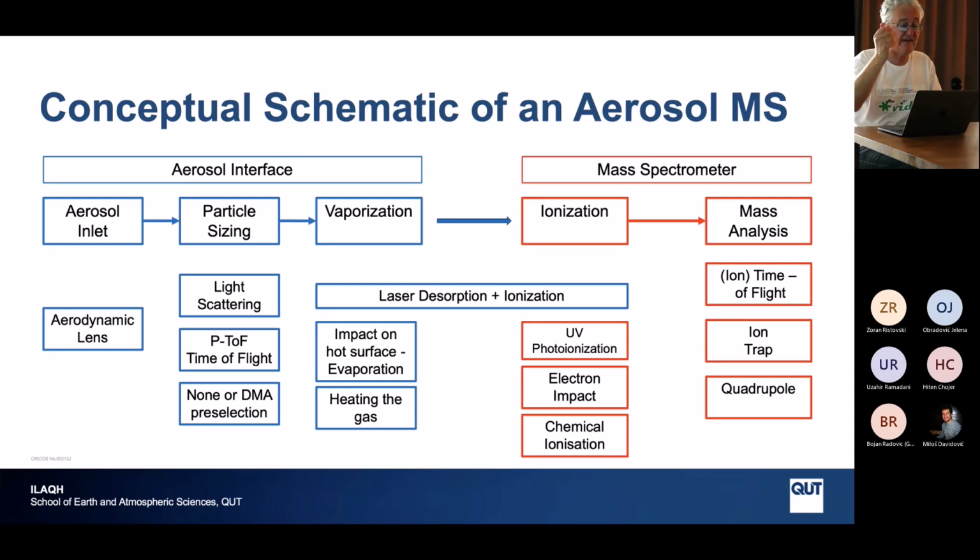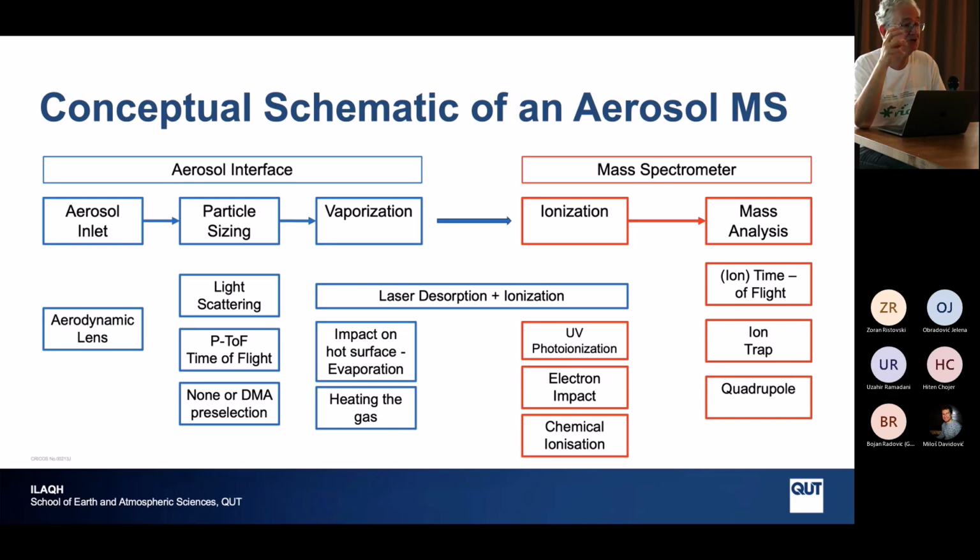Once they're in the gas phase, you have to ionize. Particles have to be ionized in order for the mass spectrometer to detect them. Again, you can do it in different ways. You can use UV light as well for ionization of your molecules. You can use electron impact ionization, or you can have chemical ionization.